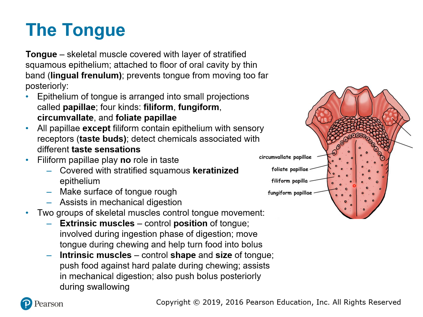It does have small projections we're going to call papillae. And there are four kinds of it. We have the filiform papillae, which is just whatever you see that is mainly like a thinner layer. You do have the fungiform papillae, which are these little bumps that you see, very tiny ones.